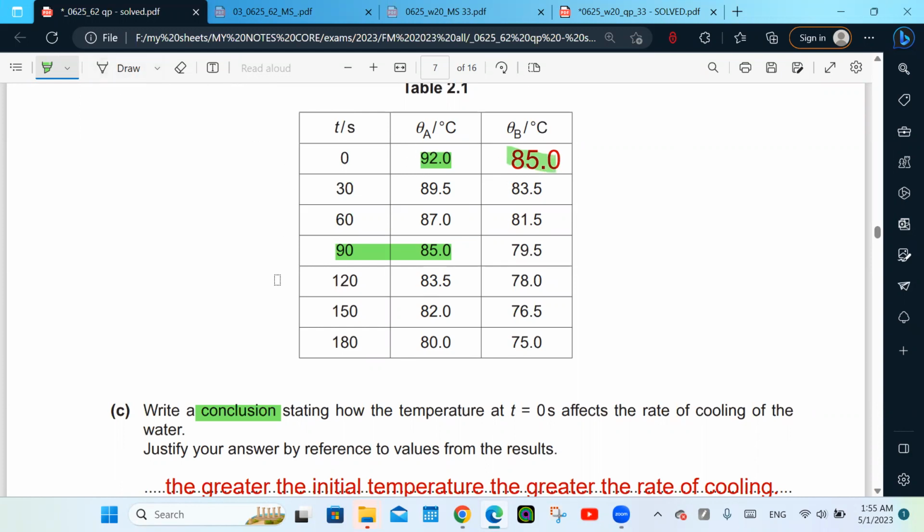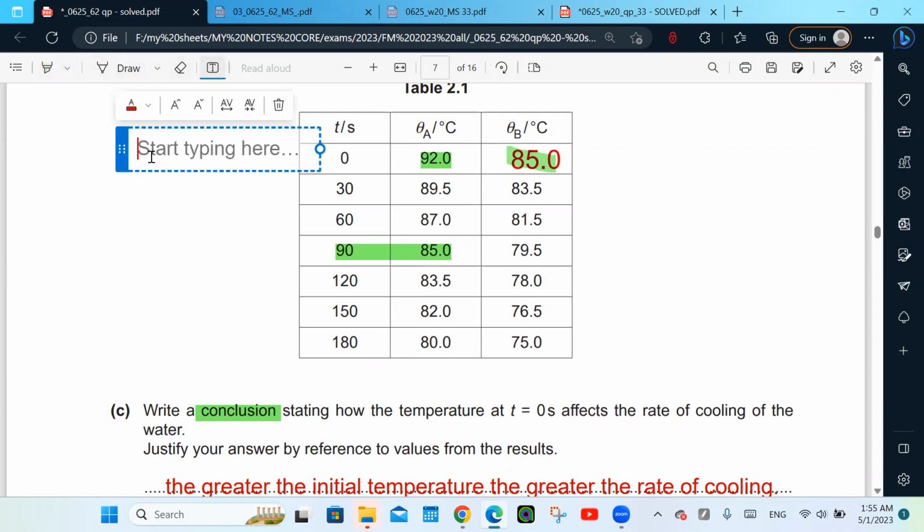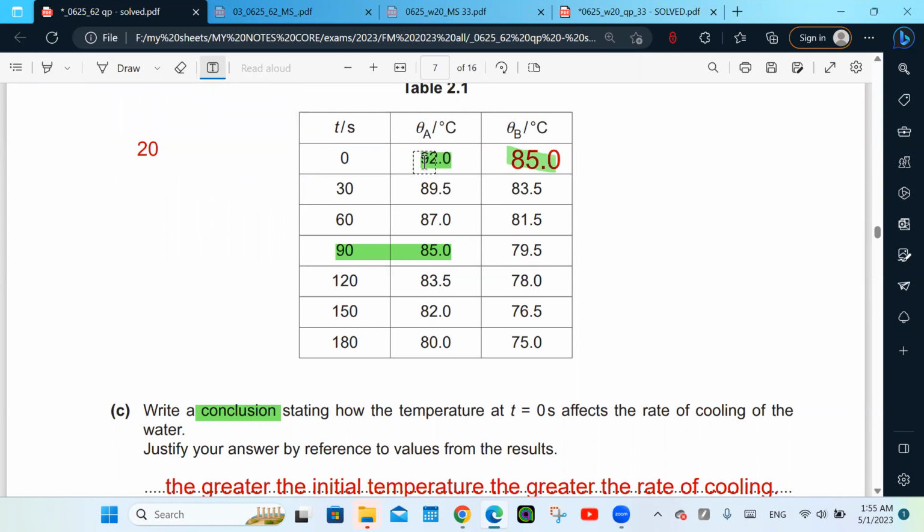If the room temperature is 20, for example, what will be the difference? When will the difference be greater, when you start from 92, the hotter liquid, or from 85?